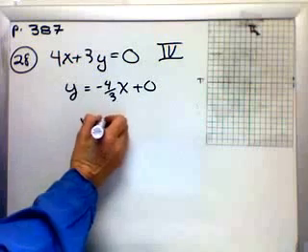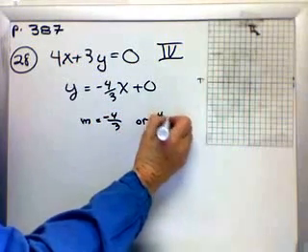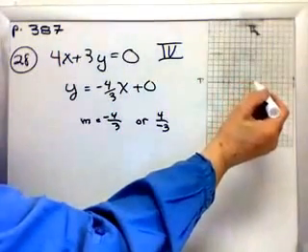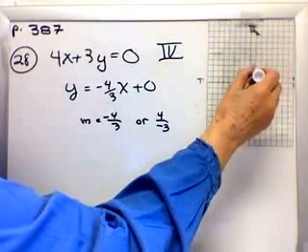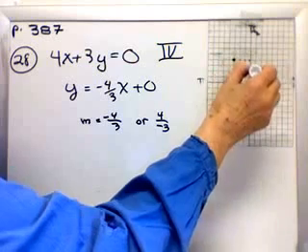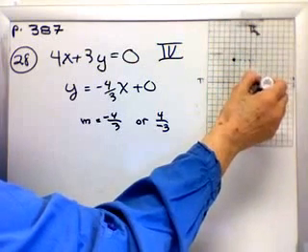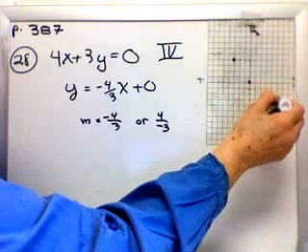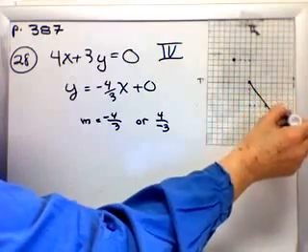I know that the slope is -4/3 or 4/-3. And I want to end up in the 4th quadrant. So if I go rise of 4/3, I end up in that quadrant, or I can do a rise of -4 and over 3, and I end up down here, and I want the part that's in quadrant 4.